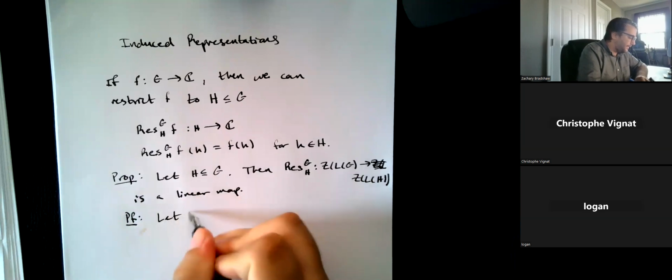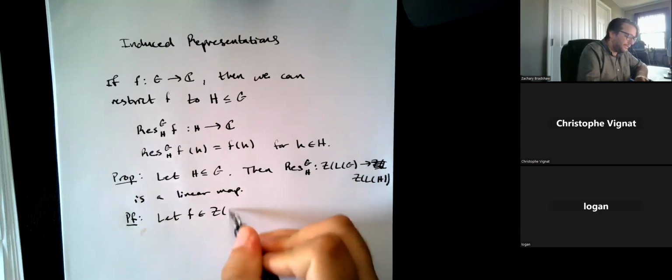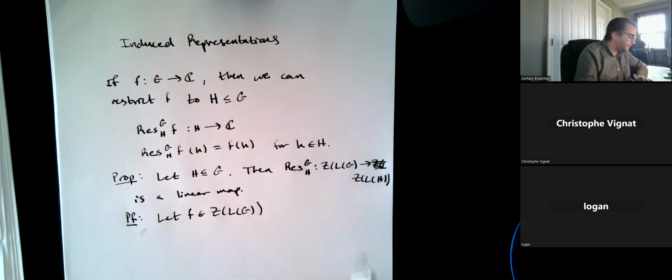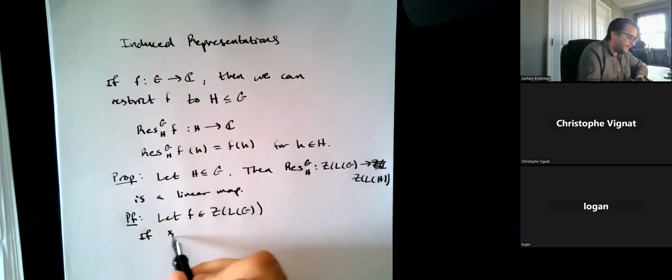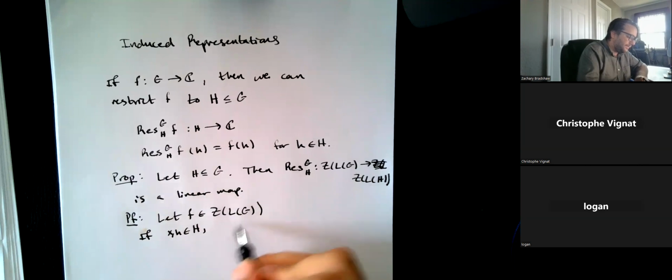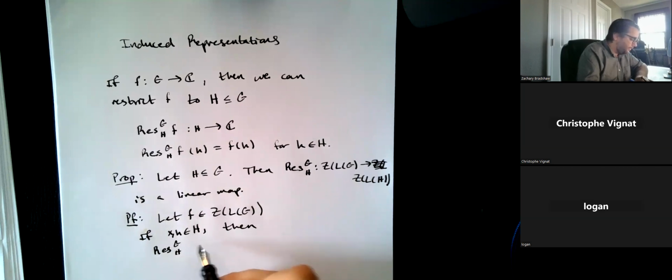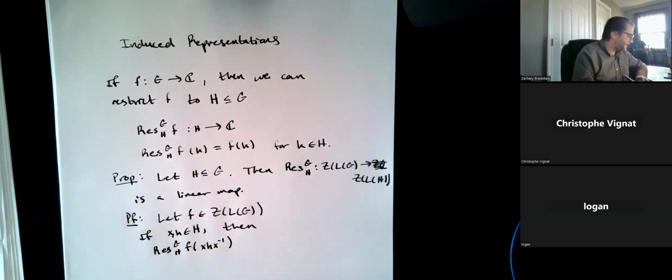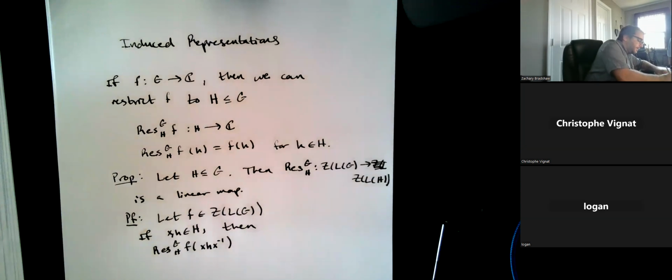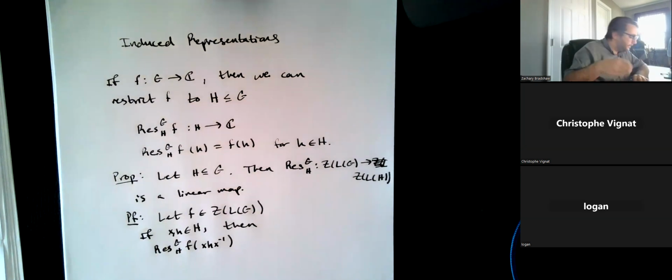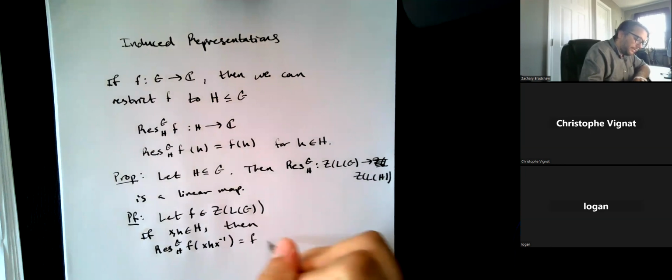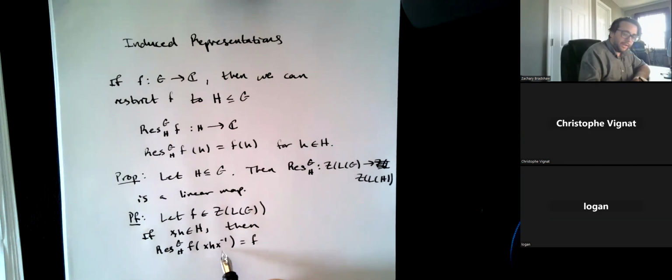So let f be a class function on G. If x and h are elements of H, then we just got to do the calculation. The restriction of G to H applied to f of x, h, x inverse is equal to, well, this thing is an element of H, and so this is just f of x h x inverse.